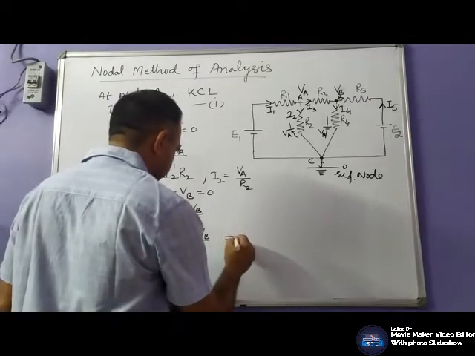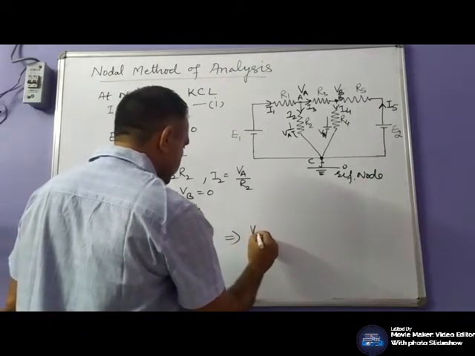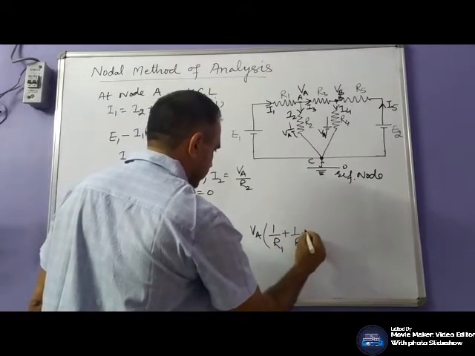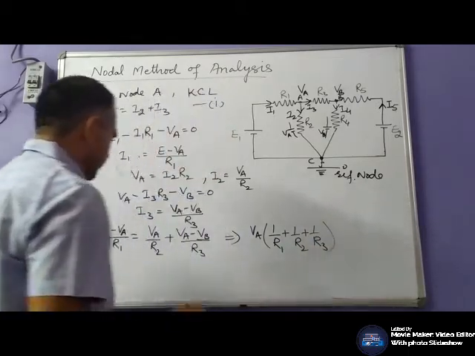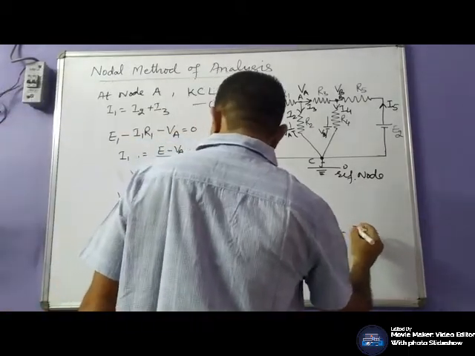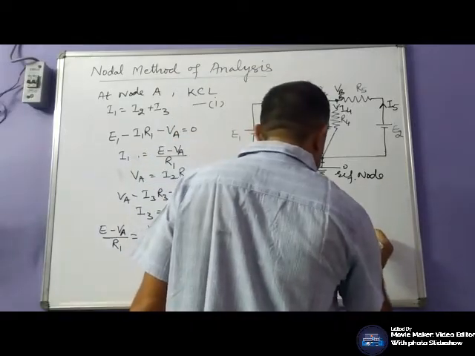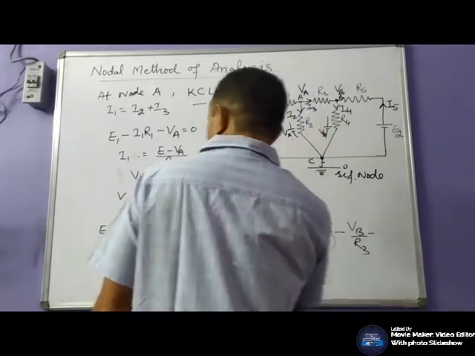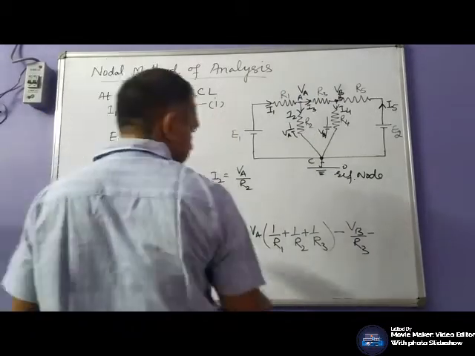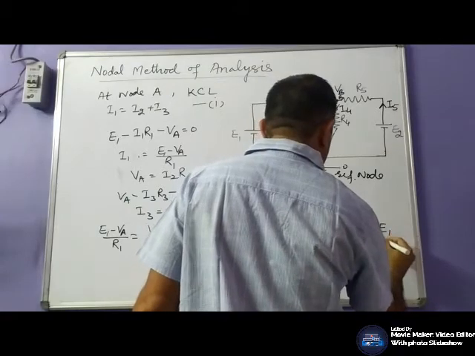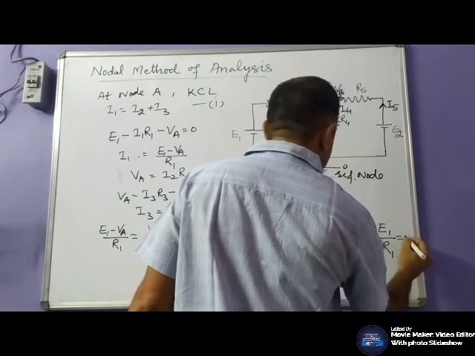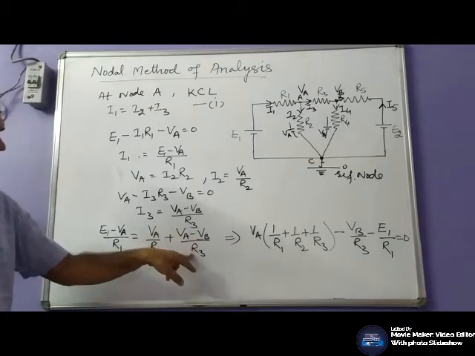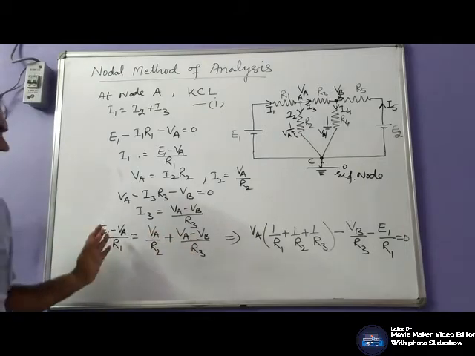Further you can simplify it, and when you simplify it, you would have VA by R1, VA by R2, VA by R3 on this side.